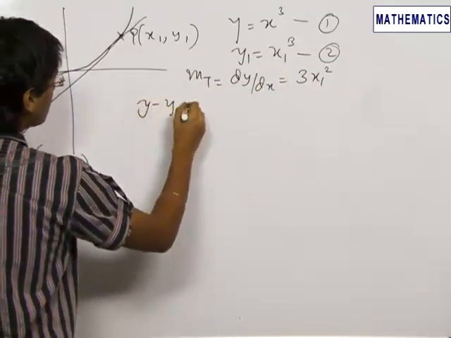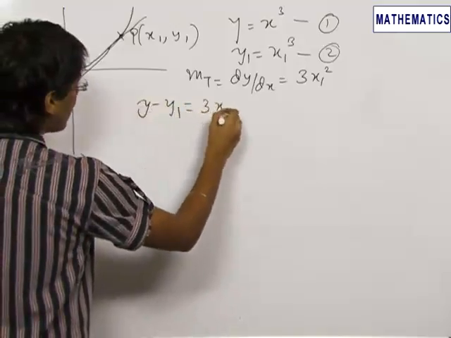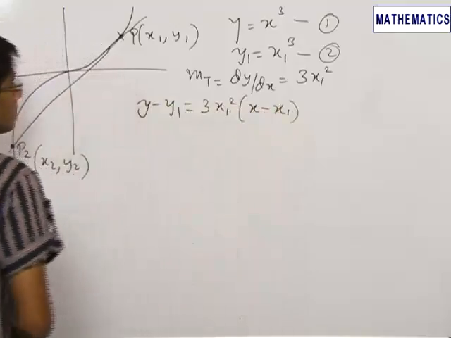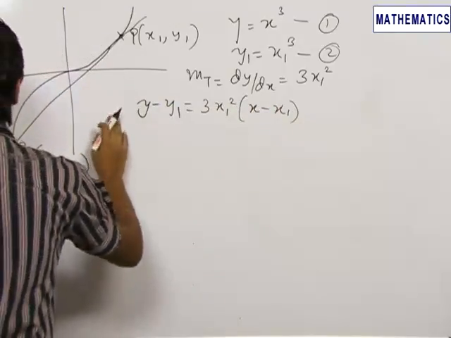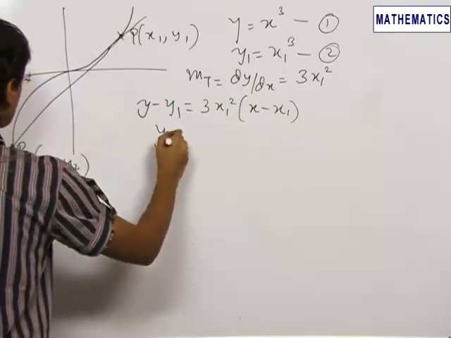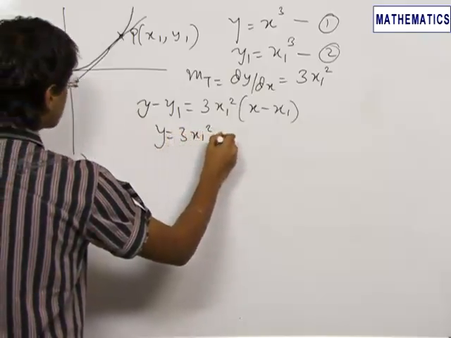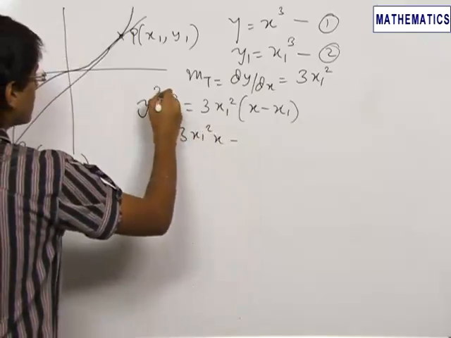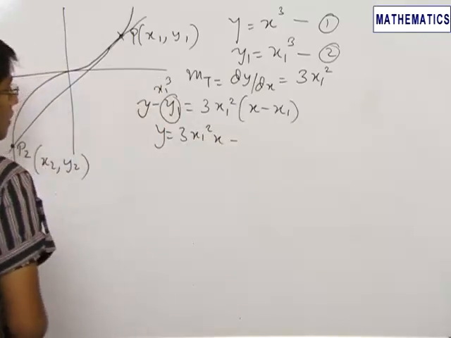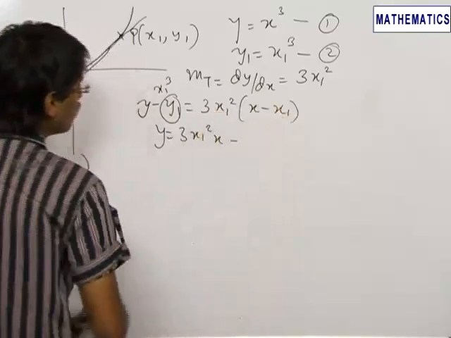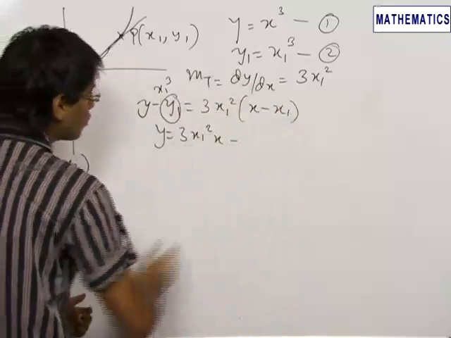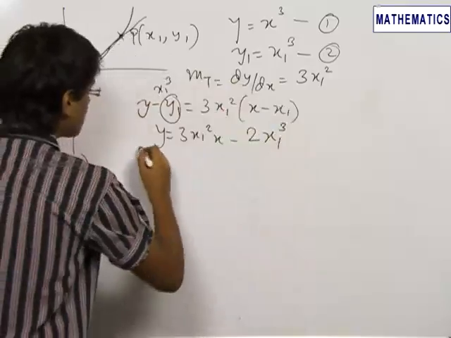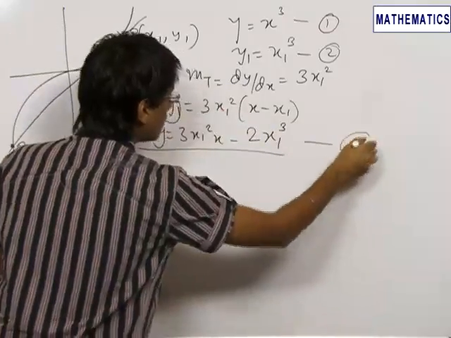Y minus y1 is equal to 3x1 square into x minus x1, which on simplifying becomes y equals 3x1 square x minus 3x1 cube plus x1 cube, since y1 is x1 cube, which is equal to y equals 3x1 square x minus 2x1 cube. This is our equation of tangent.